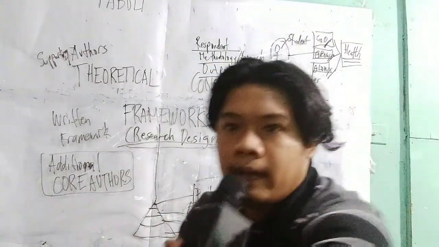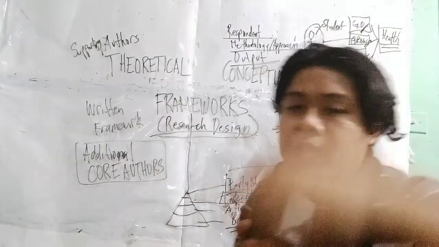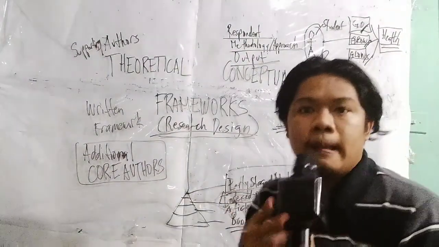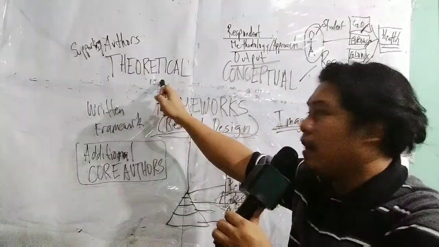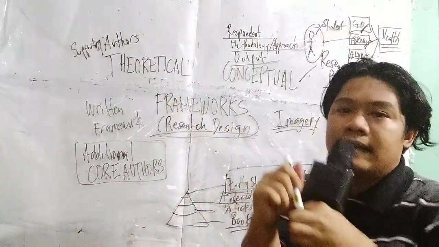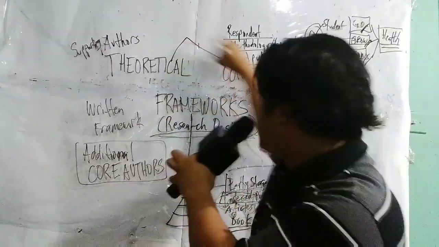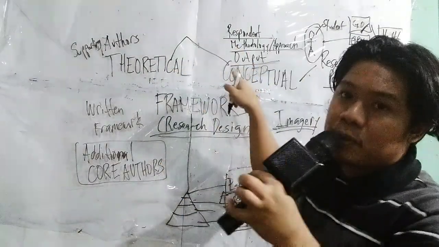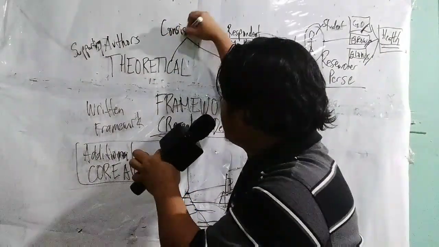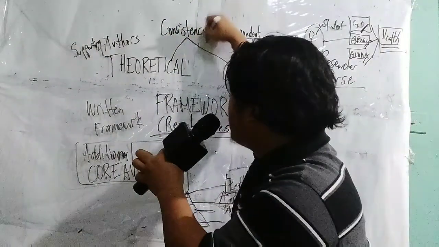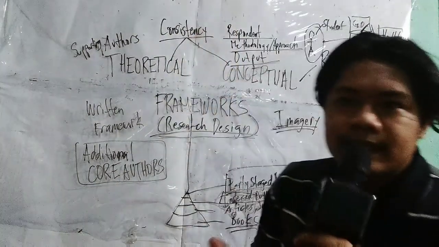So, of course, while doing this, we actually need to make sure that it is in line with our theoretical framework. Why? Because a proper integration of the theoretical and conceptual framework leads to the idea of consistency.